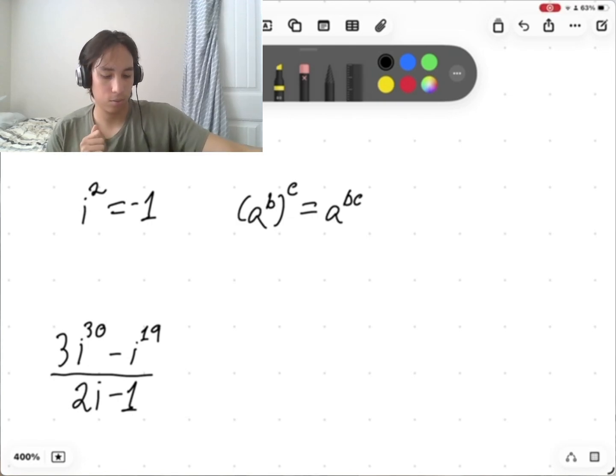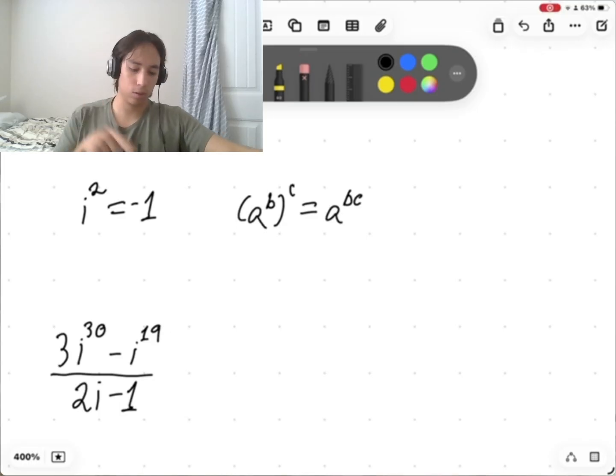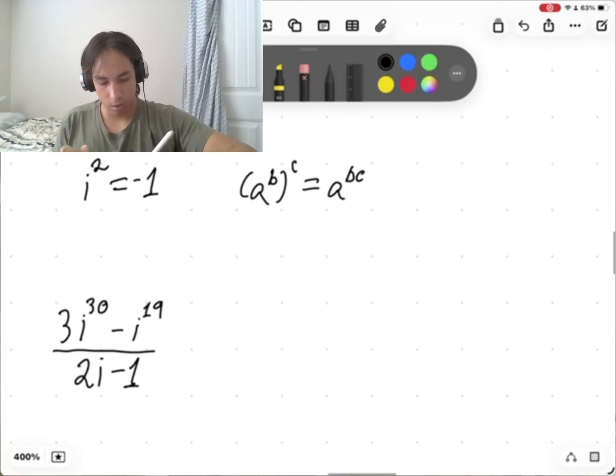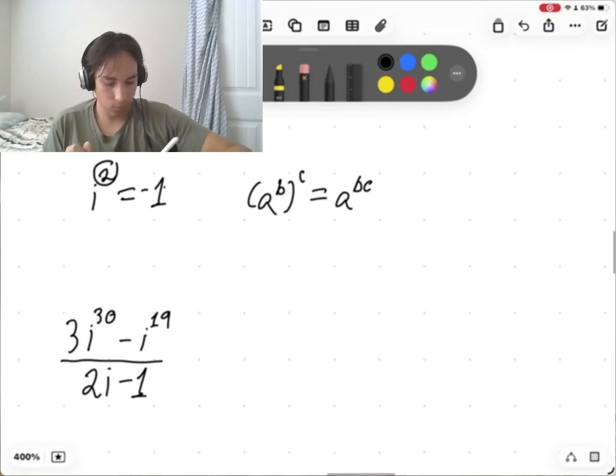We're gonna use that to simplify the numerator, so that we can get a -1.